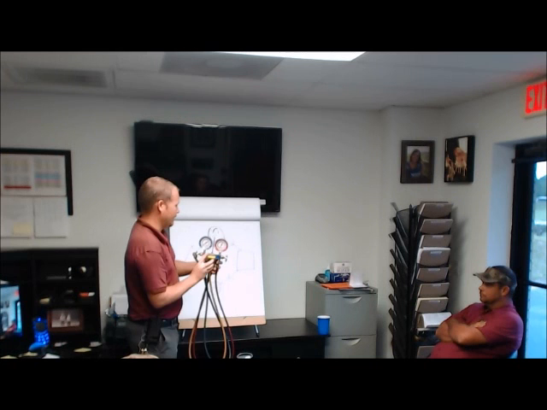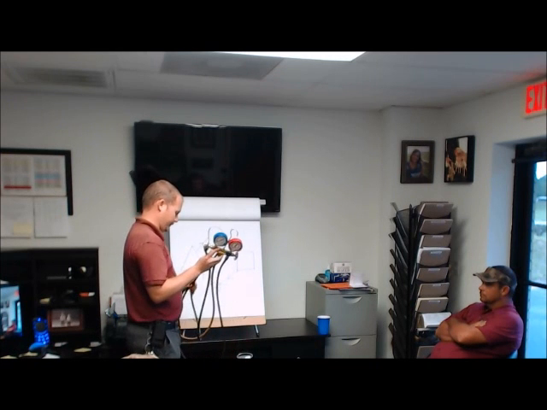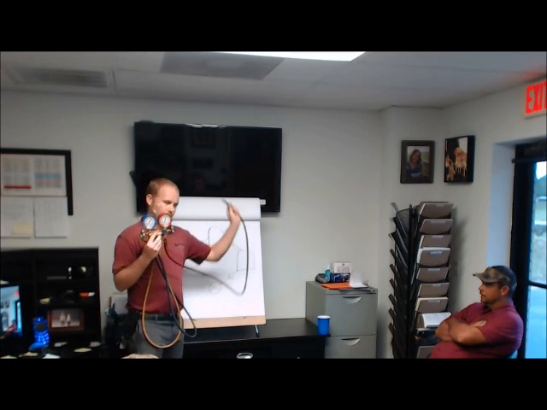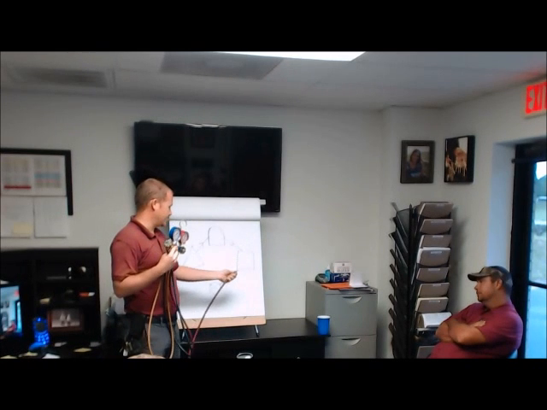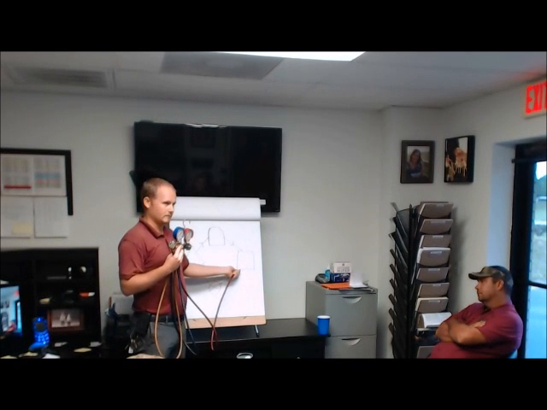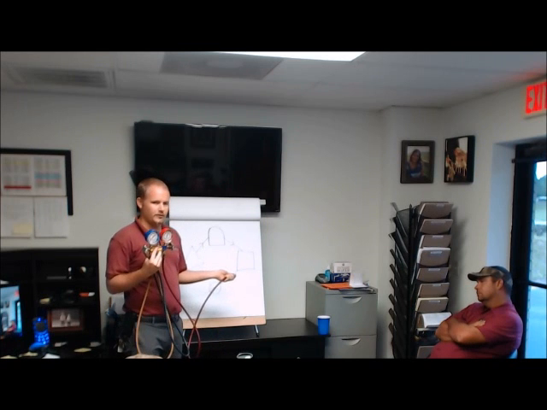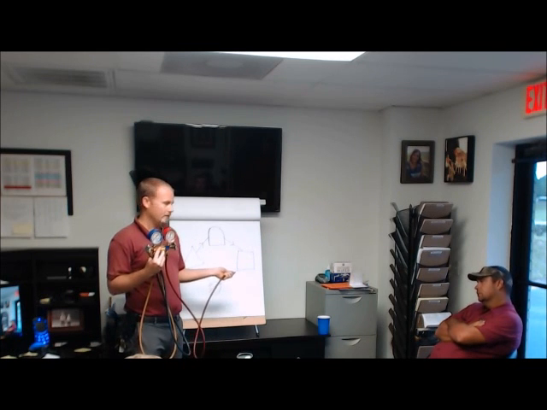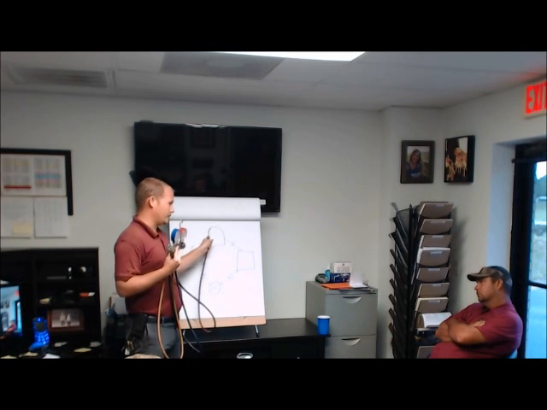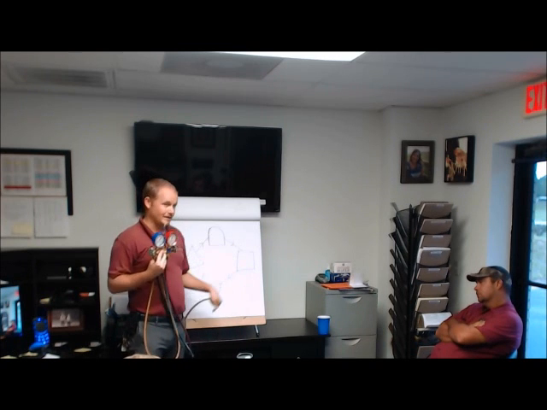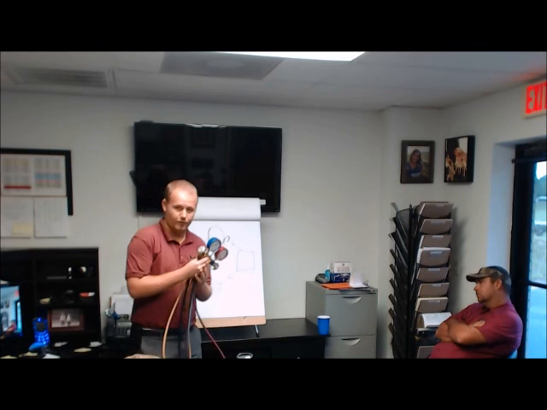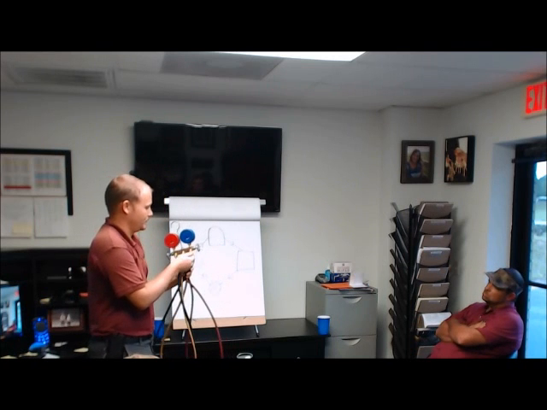And with this one here, where am I hooking to? As it comes out of the condenser. So right here, okay? So I'm not hooking up right before it goes in and out of the compressor. I'm hooking up before it goes into the compressor, and I'm hooking up after it comes out of the condenser, okay?